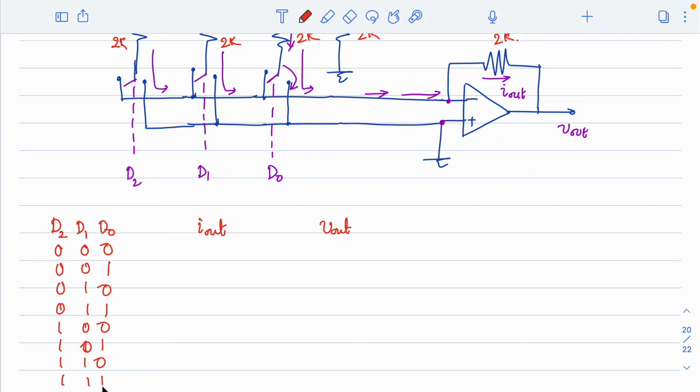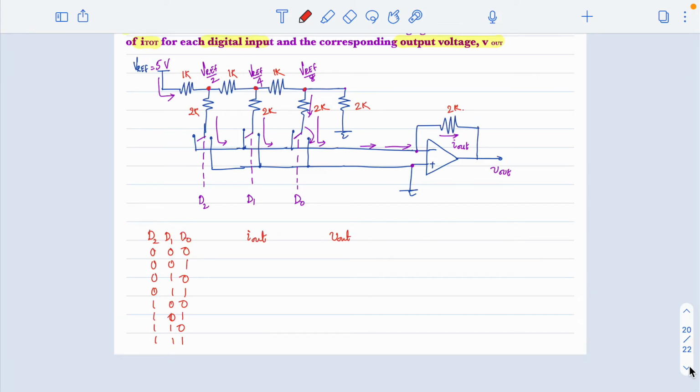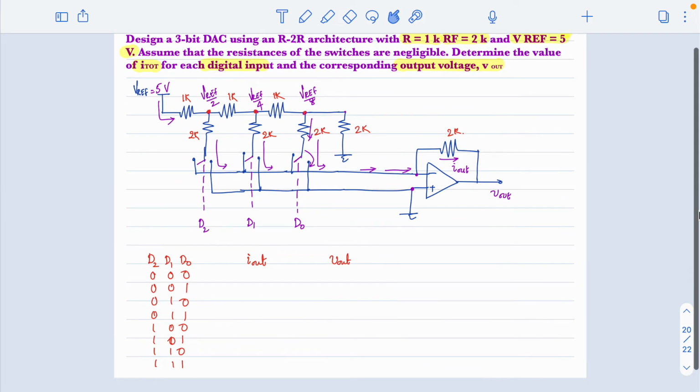Now it is easy if you find the current through individual branches, like the current flowing through the rightmost resistance branch. If you know the individual currents, you can sum up the currents and find the rest of the things. Alright, so you can solve it, and if you have any questions please do ask.